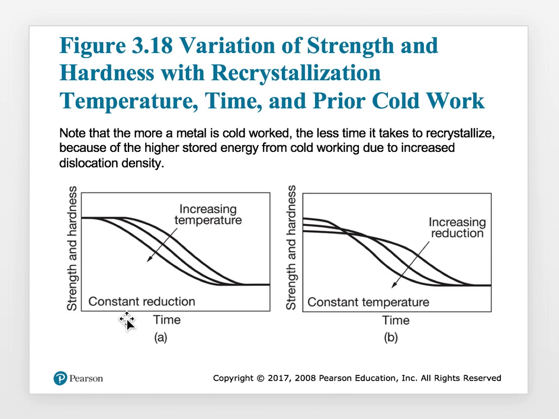But suppose instead of increasing the temperature, if you took 1 inch of that block and went down to say 0.9 inches and you heated it up to 600 degrees centigrade, the strength does go down, but after cold rolling, the strength has not gone up that much.